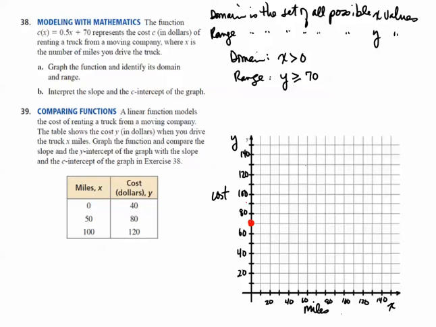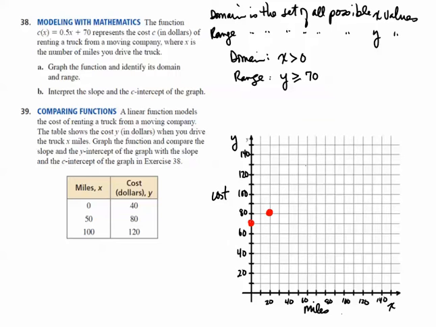But if you look at our scale, it's going up by 10, and so when x goes up by 10 miles, y will only go up by half, or by 5. So in order to go up by a full 10, we have to go up 20 miles. So that's going to look like a slope of 1/2.